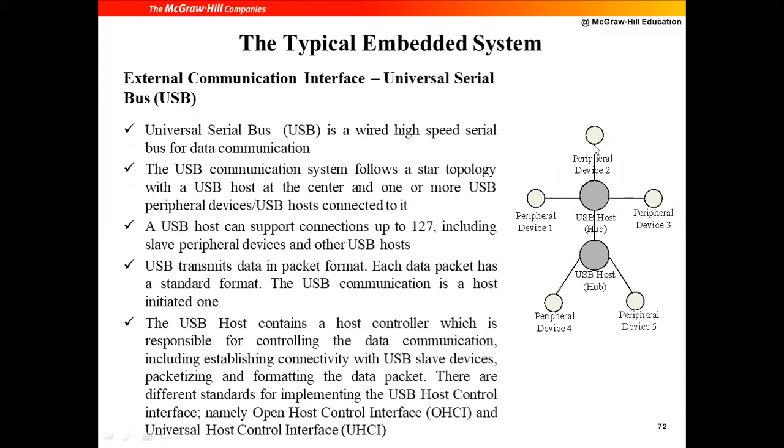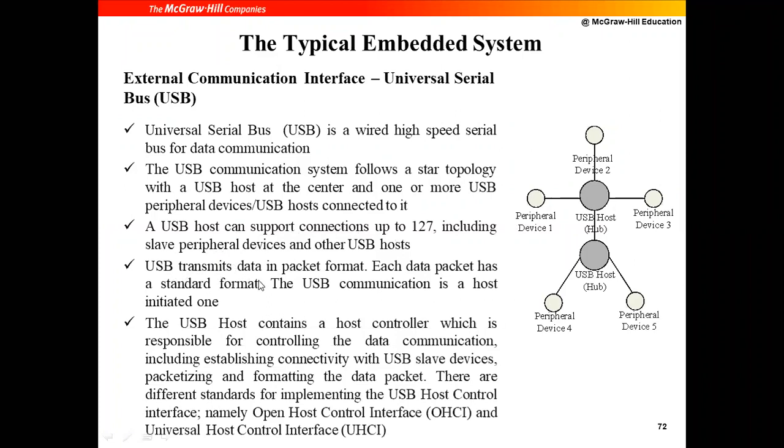You can observe this diagram: the USB host, which is the hub. Through this hub, various peripheral devices can be connected and controlled. The USB host can support connections up to 127 devices, including slave peripheral devices and other USB hosts.